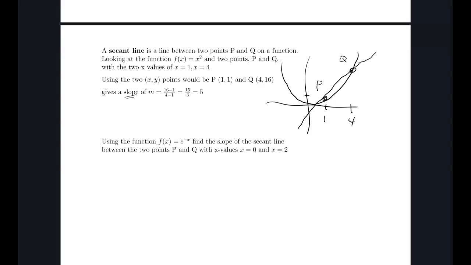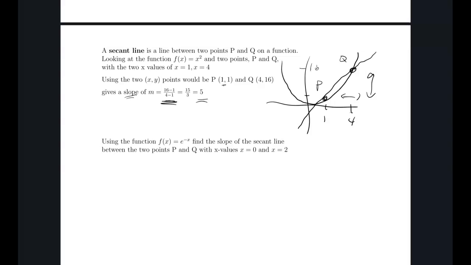And I could find the slope of that line by doing rise over run, right? So P is the point (1, 1), Q is the point (4, 16), and I just know that from using the function. So if I take change in y values over change in x values, I get a slope of 5.